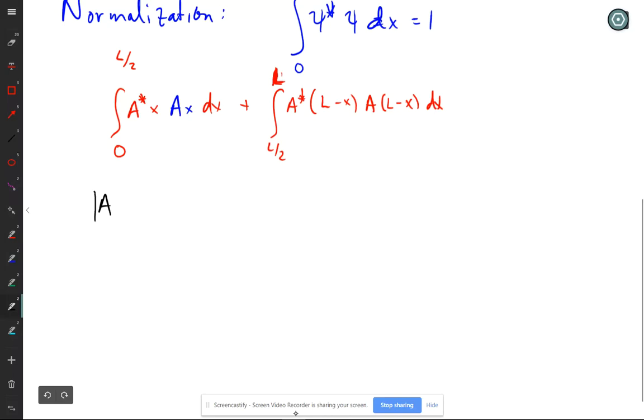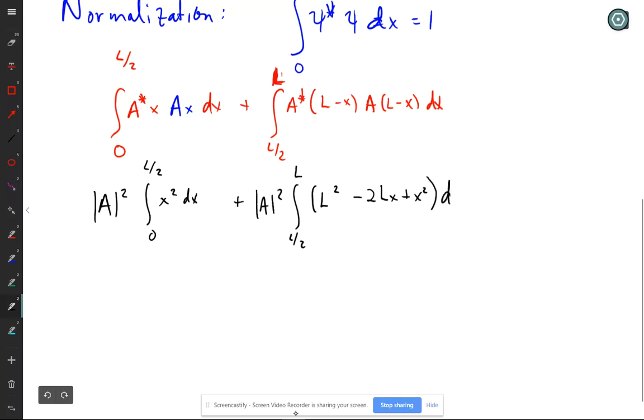This is |A| squared integral from 0 to L over 2 of x squared dx plus |A| squared integral from L over 2 to L of L squared minus 2Lx plus x squared dx, where I expanded L minus x times L minus x. Are you with me?